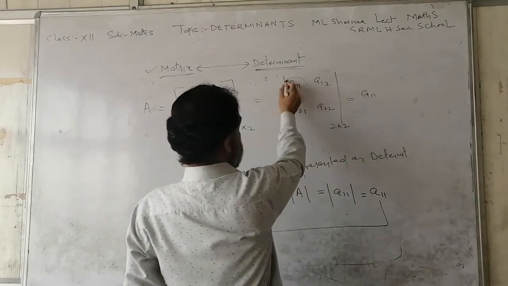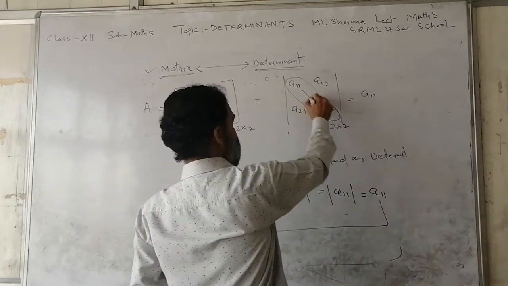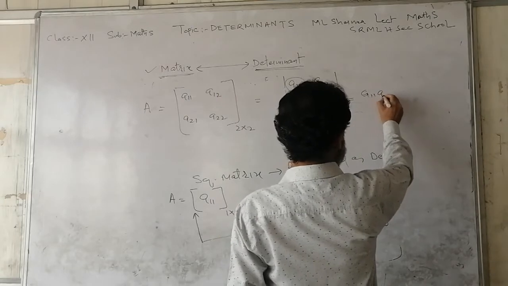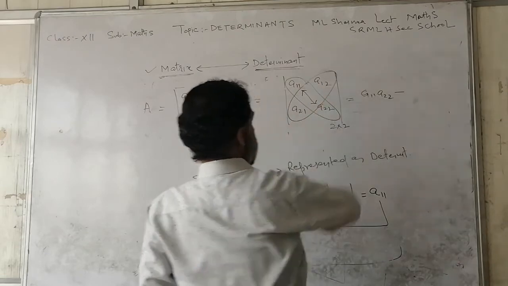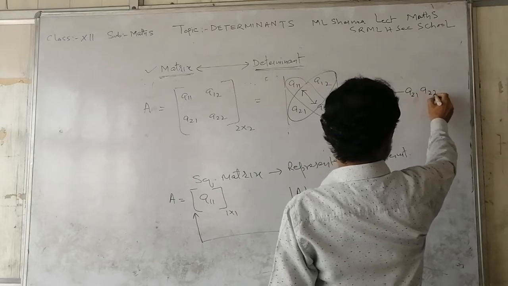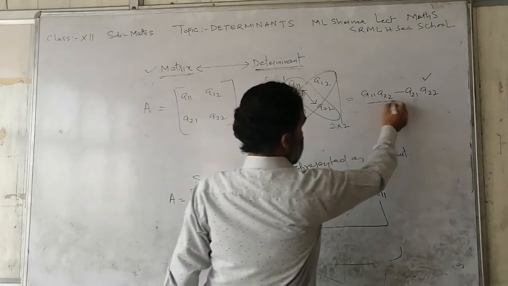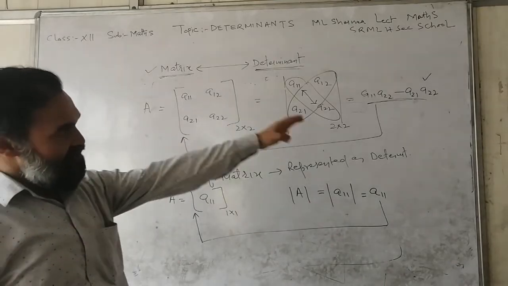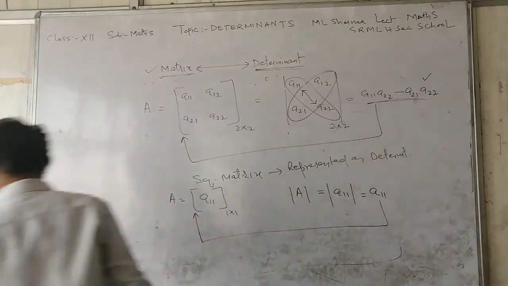A11, I multiply these elements which are lying on this principal diagonal, and minus times the reverse diagonal elements, that is A21, A22. So this is the value of this determinant, and I can say this value is associated with this matrix. So matrix and determinants are connected and related to each other. These are very simple.